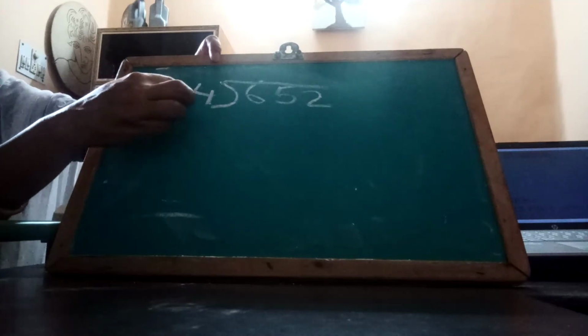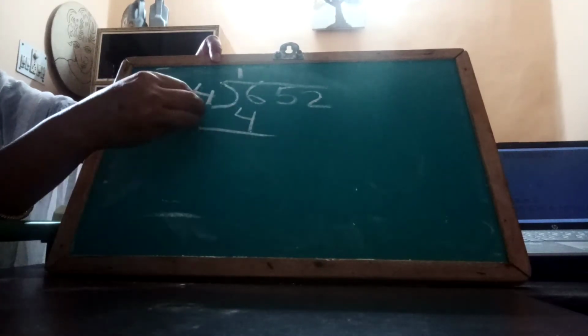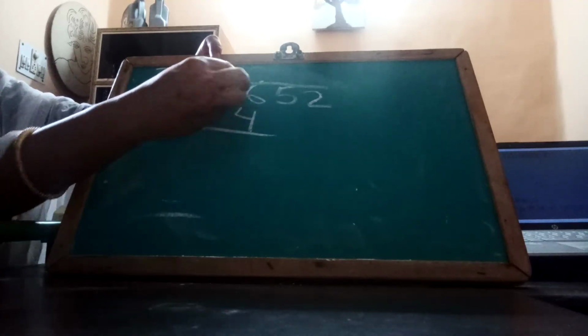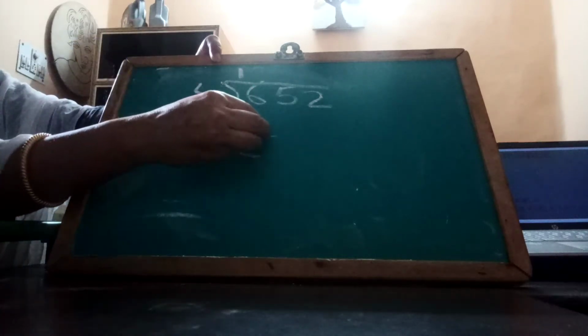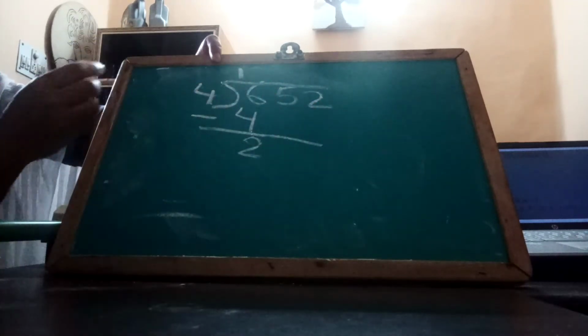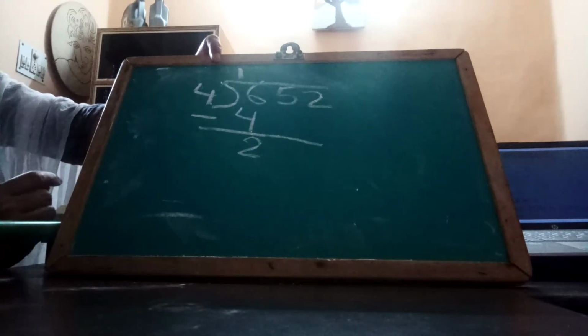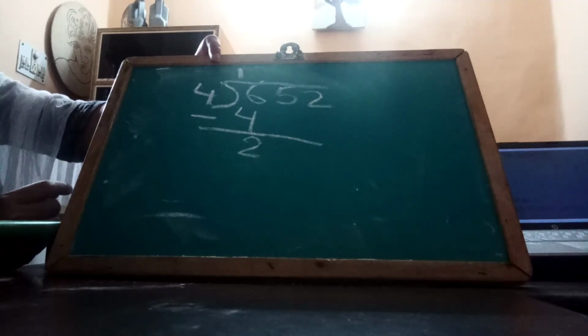Now, let's start. 4 ones are 4. I will subtract it. I got 2. Bring one digit down at a time. That will make the thing clearer, and moreover, you will tend to make fewer mistakes, or you will not make any mistake at all if you go stepwise.